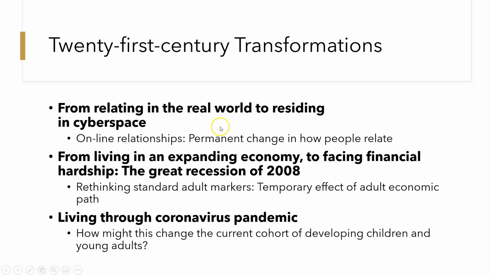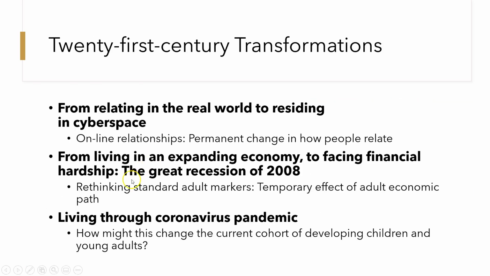So relating to the real world, again, we've talked about this, as opposed to residing in cyberspace. So depending on your cohort, is your cohort more affected by these online relationships? May there be a permanent change in how people relate to each other based on online social networks and things like that?